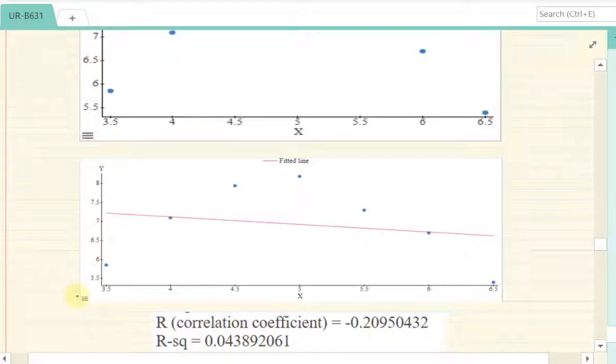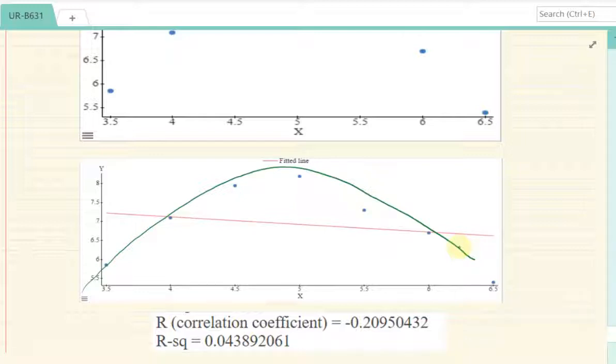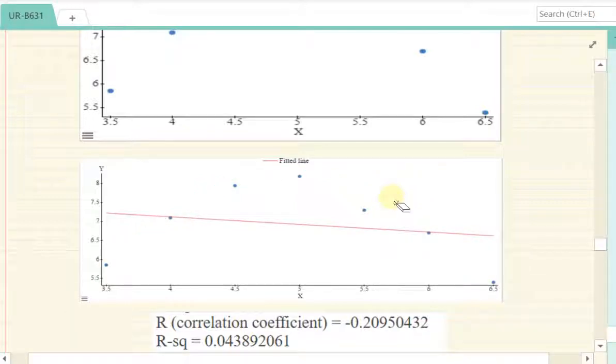Now look at this one. It looks like there's a clear polynomial, in this case again a quadratic relationship between x and y, doesn't it? So if I know how to fit a quadratic model through these data points, then my model is going to improve.